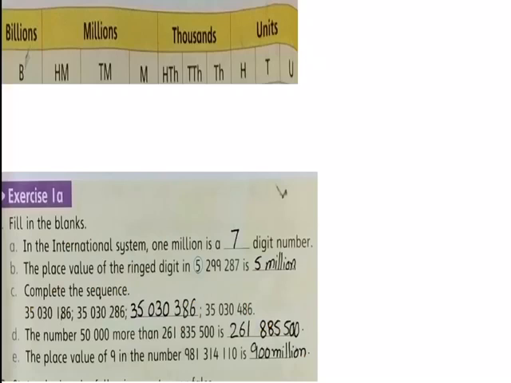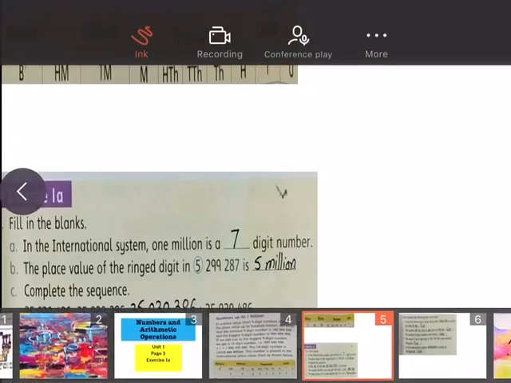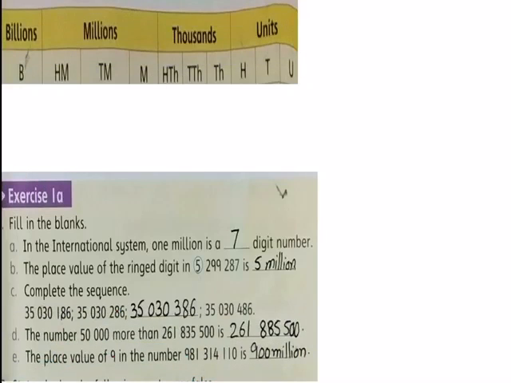We will count unit, tens, 100, 1000, 10,000, 100,000, million. So in the million block there is a 7-digit number. 1, 2, 3, 4, 5, 6, 7. Hope you understand.